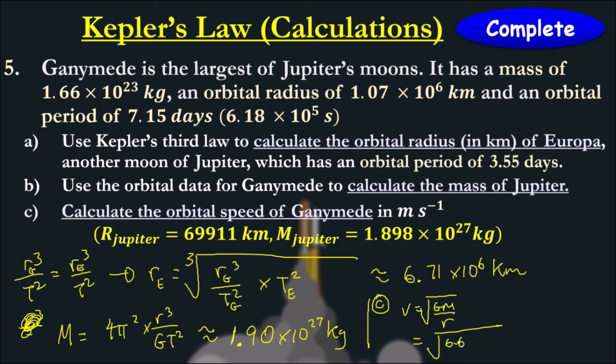If I then want to find the orbital velocity, v equals the square root of GM over r. You already know what the gravitational constant is here, and you already know what the mass of Jupiter is, divided by the radius, which we found a bit earlier, and also the radius of Jupiter.